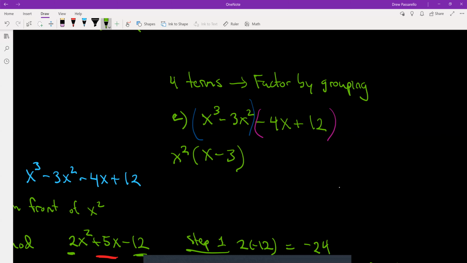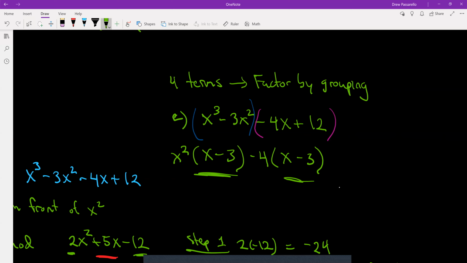Now, if I factor out -4, what's that going to give me? That turns into x, and 12 divided by -4 is -3. So I know I went with the correct one because I have the x minus 3's.